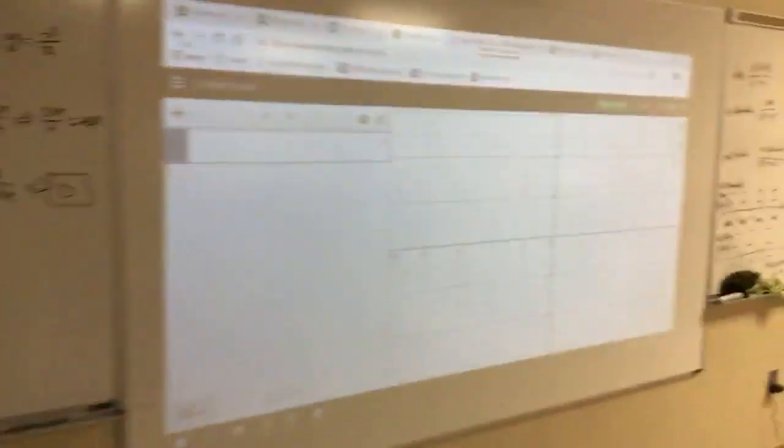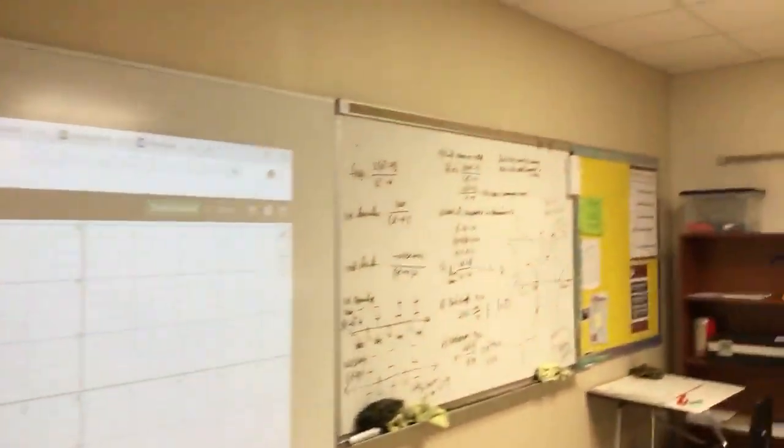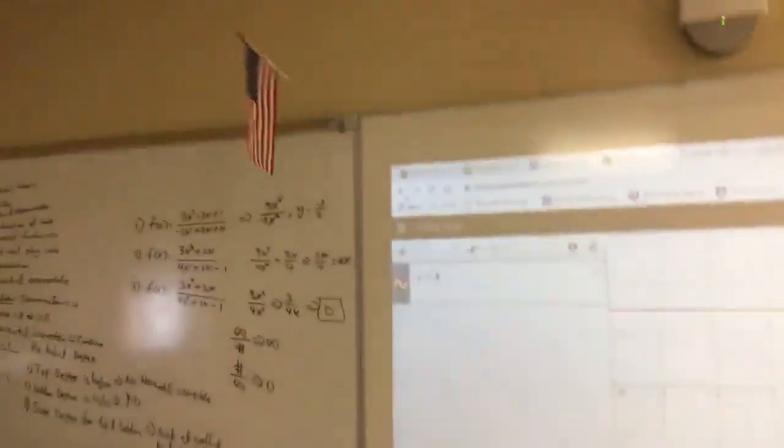Okay, so what's the first graph? What is the first graph? Y equal to what? 3x squared, right? Can somebody read it to me?